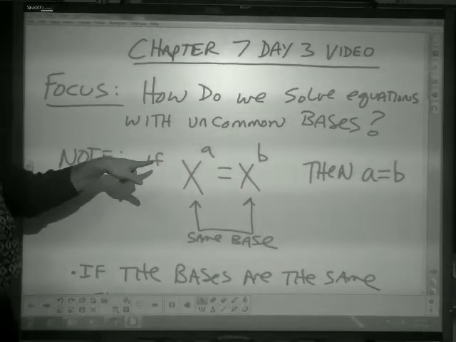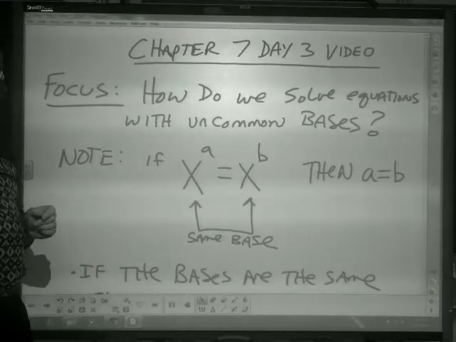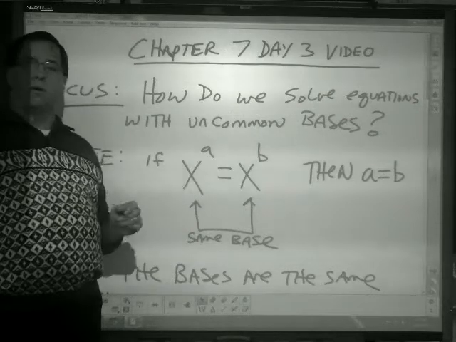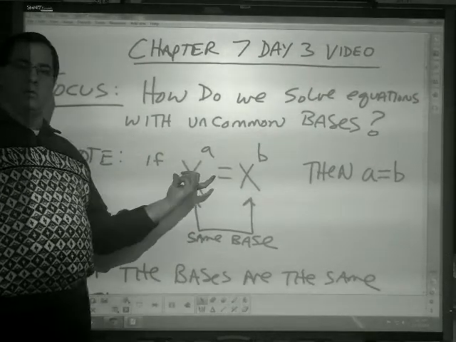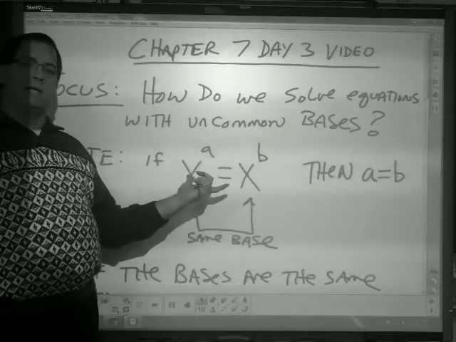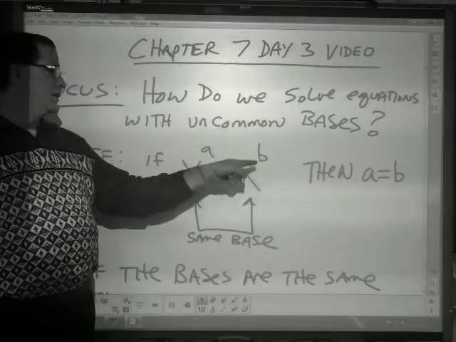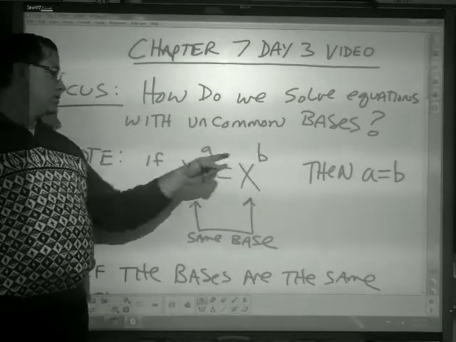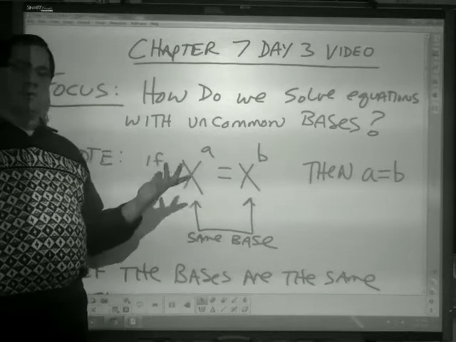Note, all right, so let's say I have x raised to some power a and x raised to some power b. If someone says that these are equal, the only way that they can be equal is if the power on this x is the same as the power on this x. So if x to the a equals x to the b, then a must equal b.